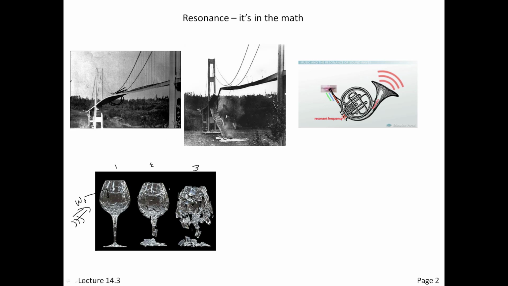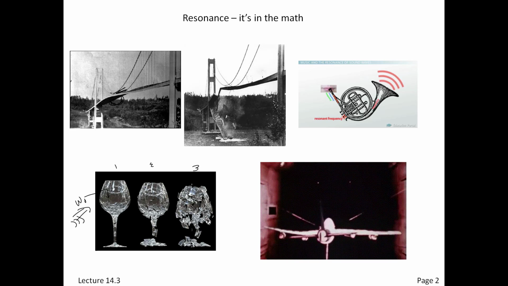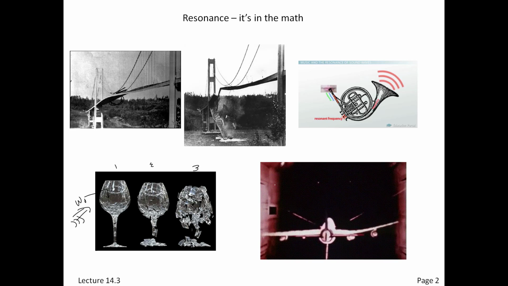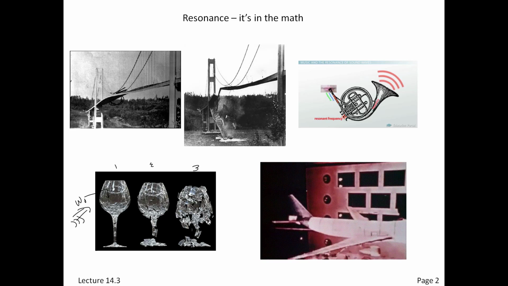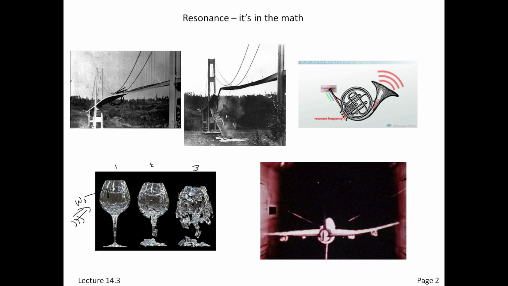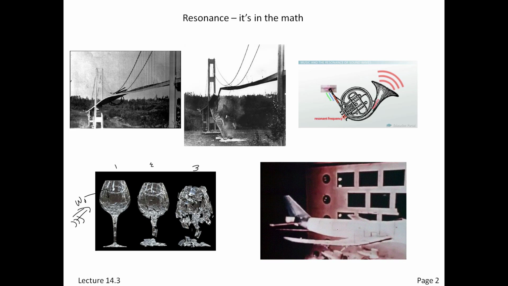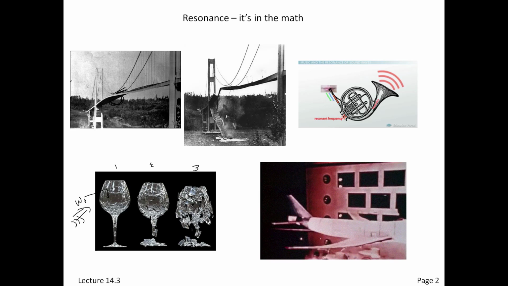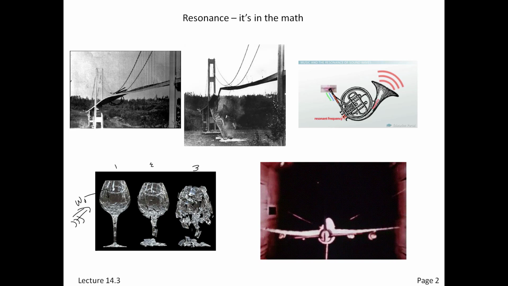Well, it's not limited to simple things, the bridge isn't a simple thing. But here's an example in a modeling sense of a large airplane. Look, a 4-engine jet airplane. I forget which model this is, doesn't matter. But just in a wind tunnel. Now, if you knew this was happening when you were a passenger on a plane like this, you would probably not like it at all.